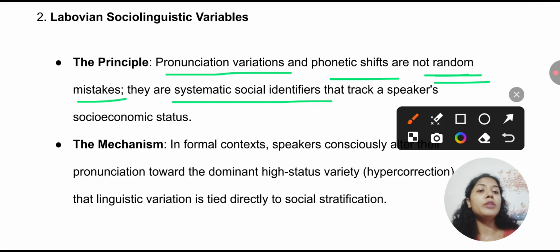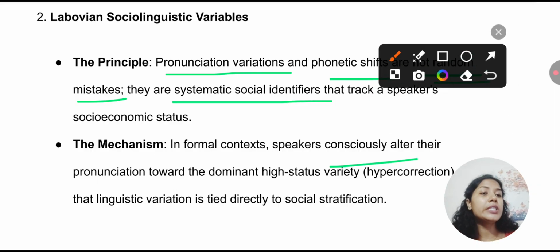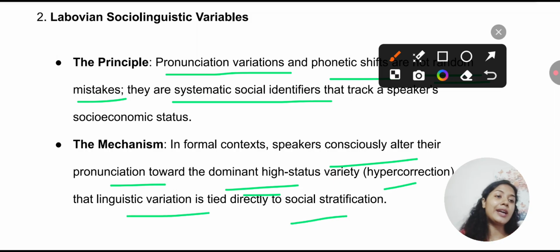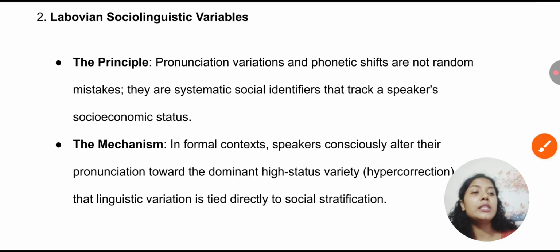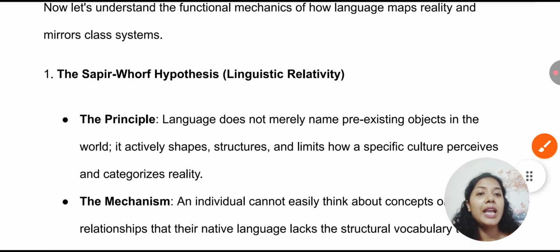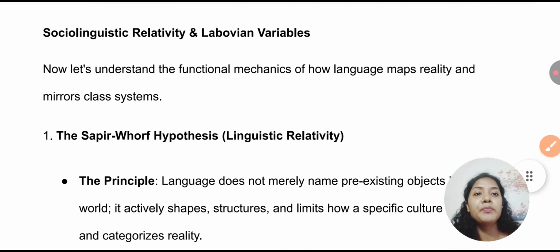Mechanism: speakers consciously alter their pronunciation toward the dominant high-status variety, which is also called hypercorrection. That linguistic variation is tied directly to social stratification. So these are the principles of language they talked about.